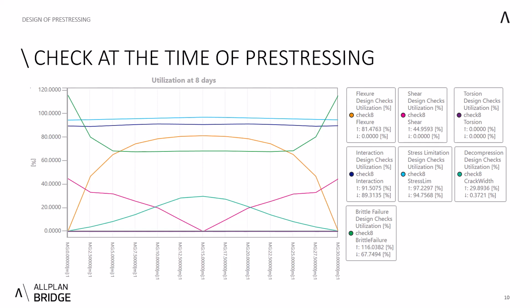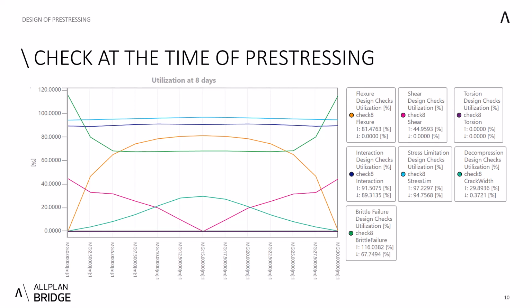The results of the assessment can be plotted in the form of a 2D diagram where we draw the cross-section utilization in percents for each type of check, for example flexure, shear, torsion, along the length of the girder.